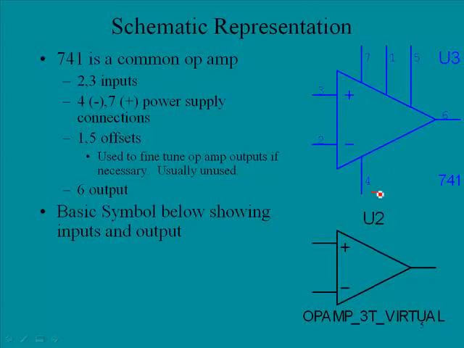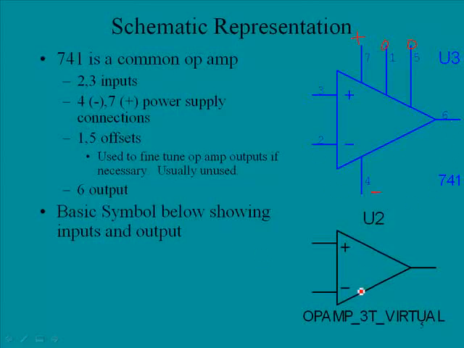It is for the negative power supply, and 7 is for the positive power supply. Pins 1 and 5 are used for offset if they are deemed necessary to be used. They're not commonly used, to be honest with you. And then pin 6 is the output.